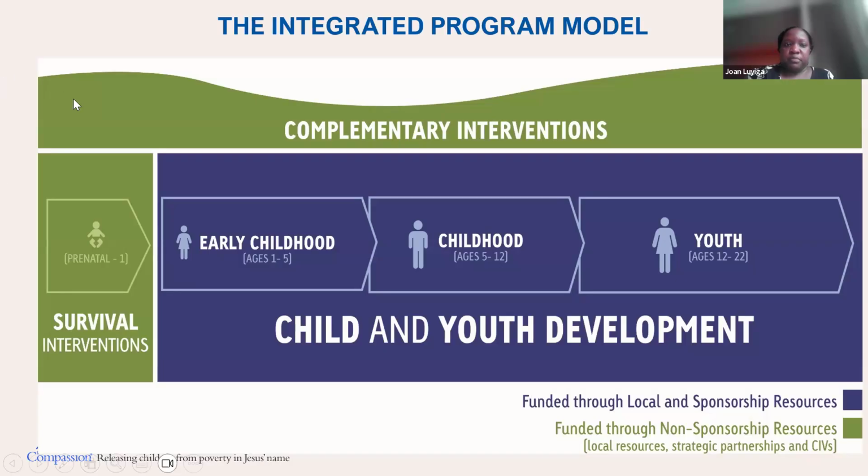So as you can see up here, the big wave of complementary interventions throughout the program, throughout the life of the child in the project, or who is being supported by Compassion, they may have some other needs, or the FCP may have other needs which they need to meet to be able to support the participant, which cannot be met by the supporter funds that come monthly.